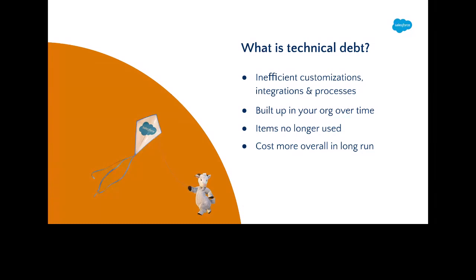This technical debt also has a couple of sections, like applications and integration processes, where you might have installed multiple AppExchange packages, and most of them you are not using anymore, or you're still using them, but those AppExchange packages have some other objects that you're not aware of, or not using.